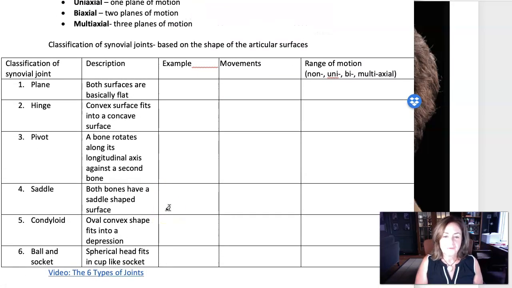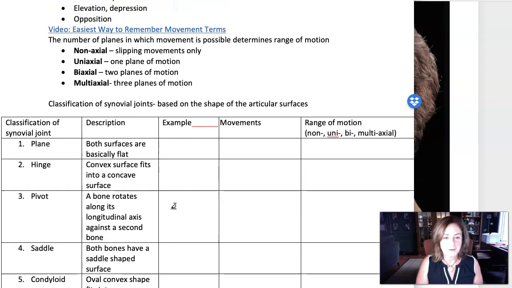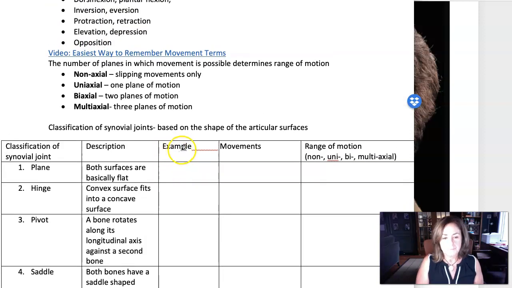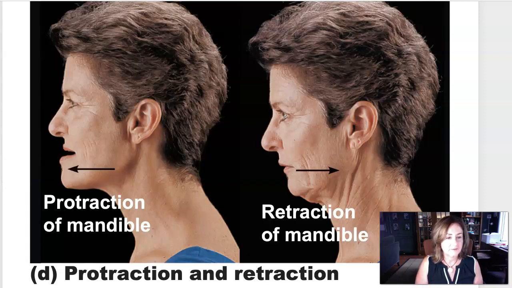A chart that you can fill out if you would like. I'm not going to fill this out, but I am going to talk about how this is filled out. So I think a good thing to do to fill out this chart is to take a look at a picture in the book that uses the upper limb as an example for every one of these joints. And let me just share that picture with you.